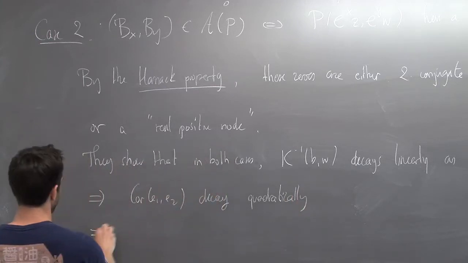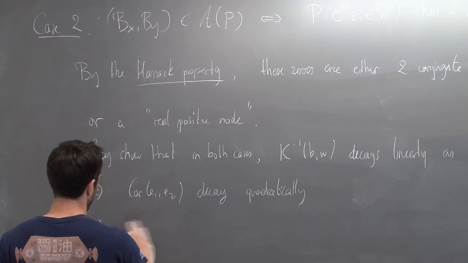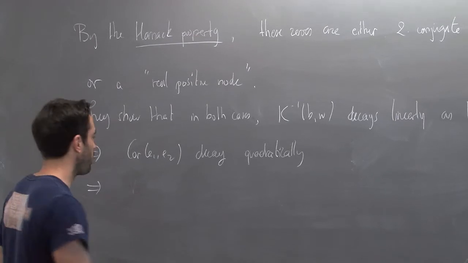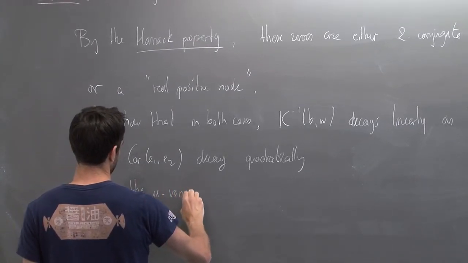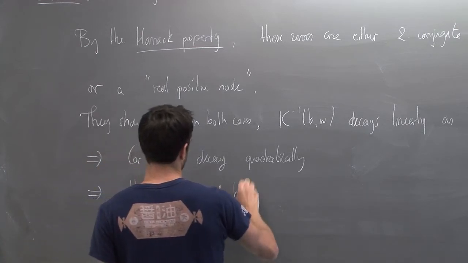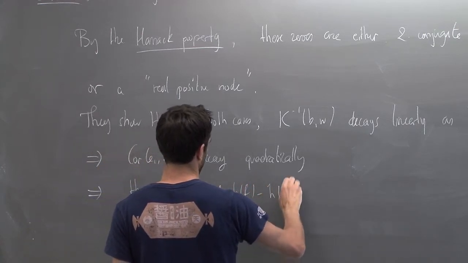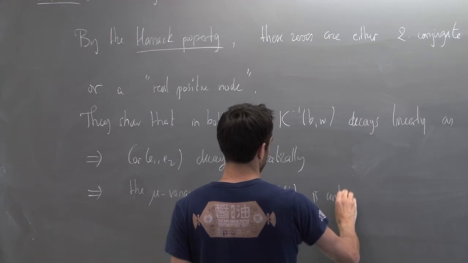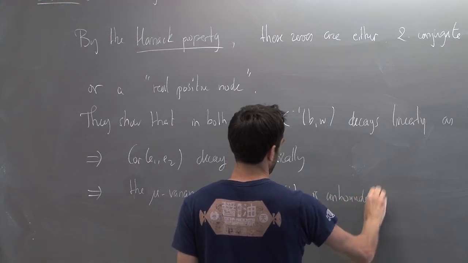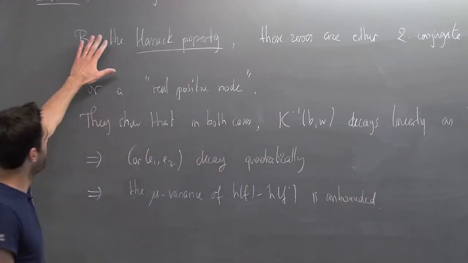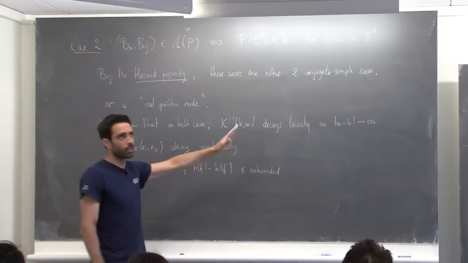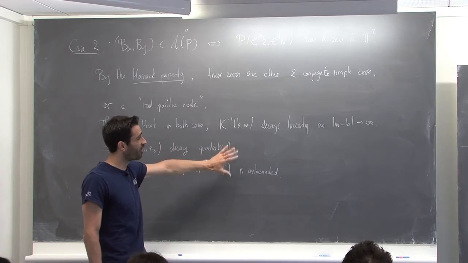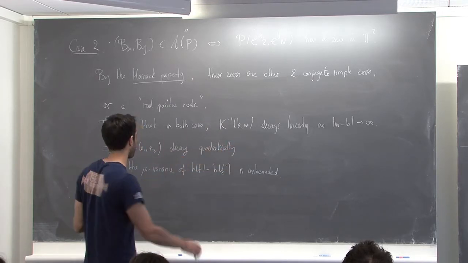And then they use this to show that we are in the liquid phase, meaning the variance of HF minus HF prime is unbounded. But this part here, this small paragraph, is most of the paper. No, this is a little bit exaggerated, but it's a very, very big part of the paper. So this thing here is hard.